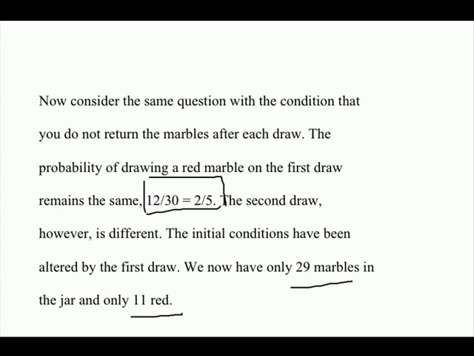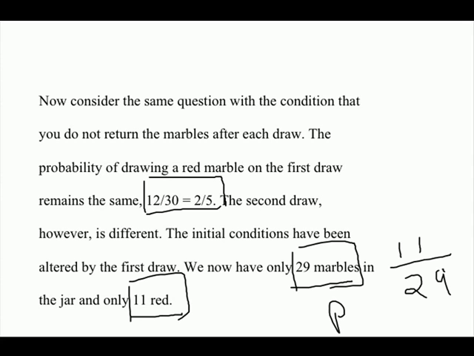So in a jar of 29 marbles, you have 11 red marbles. What is the probability of getting a red, which is 11 divided by the total number of marbles, 29? So this is the probability of getting a red.